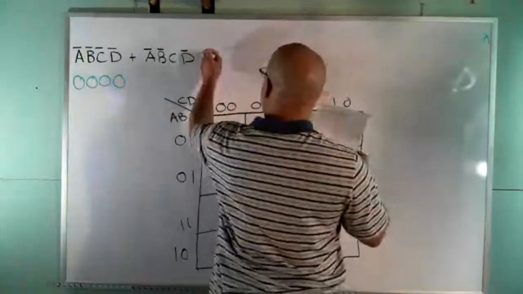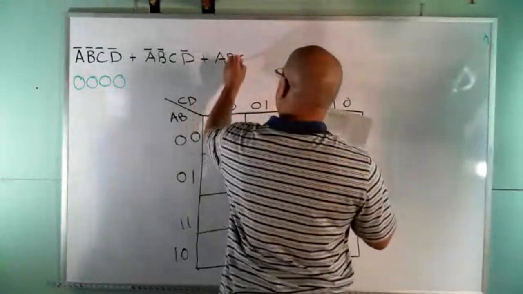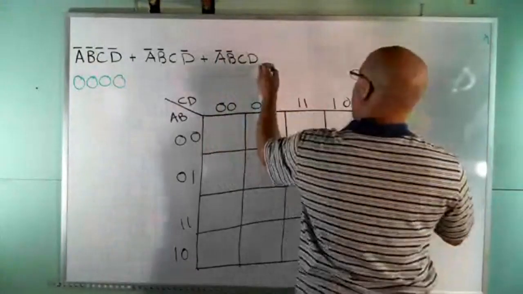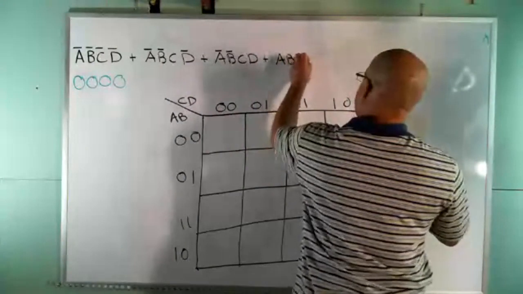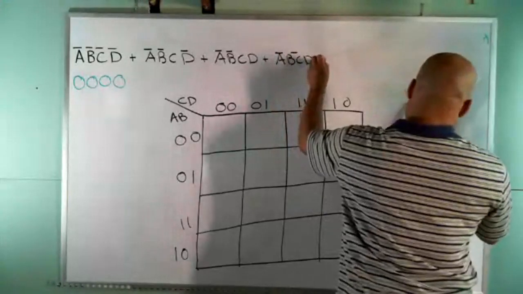I have A, B, C, D. These are zeros. I'll skip that one. I have A, B, C, D. And this is 0. I have A, B, C, D.